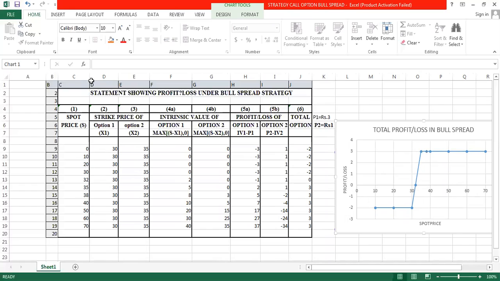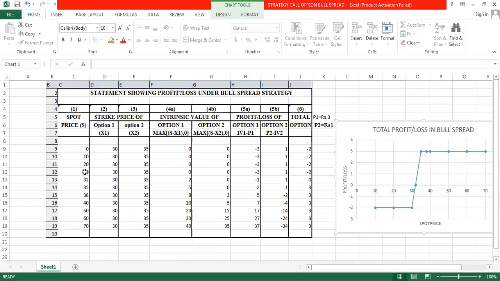Just see, we have started with spot price 0, then gradually moved to 10, 20, 30. We have considered 32 here. Why have we considered 32? That will become clear as soon as the problem solution is over.